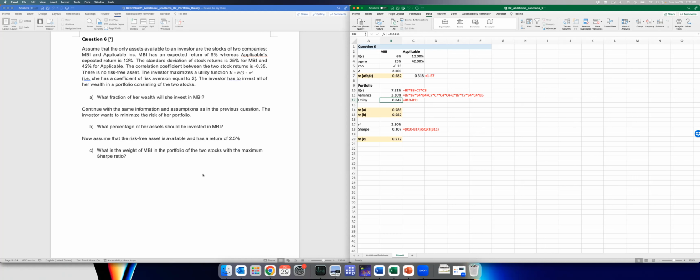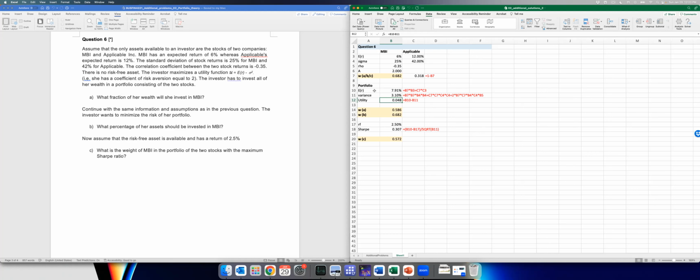We want to find the optimal combination of the two stocks, which is the tangency point of the steepest CAL, capital allocation line, to the efficient frontier with these two risky assets. So this point should give you the maximum Sharpe ratio.